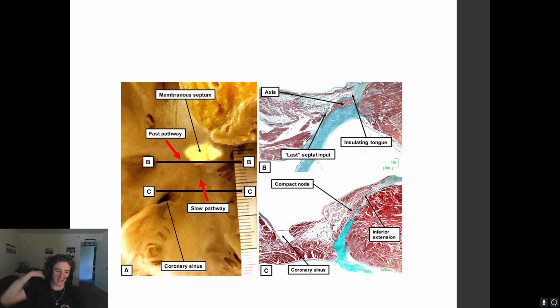A big thing to note is that in this paper, they say that in persons without discernible ring tissues, no AVNRT is developed. So if there's no atrioventricular ring tissue, there's no AVNRT that develops.